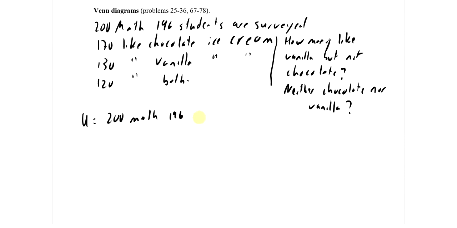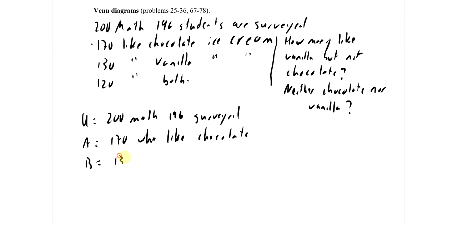So, our universal set are the 200 Math 196 students who were surveyed. Right? And we're interested in subsets of them. We'll say A, that's the 170 who like chocolate. B is the 130 who like vanilla ice cream.